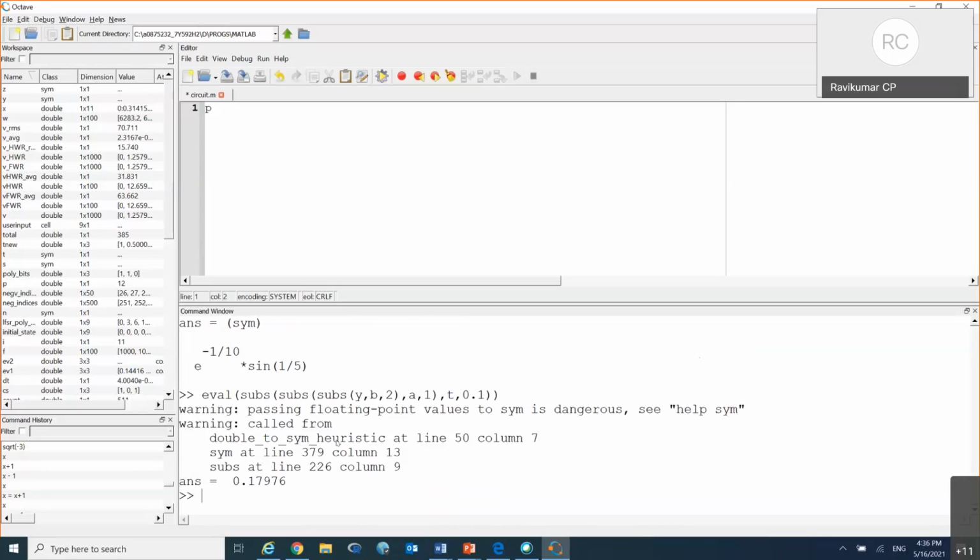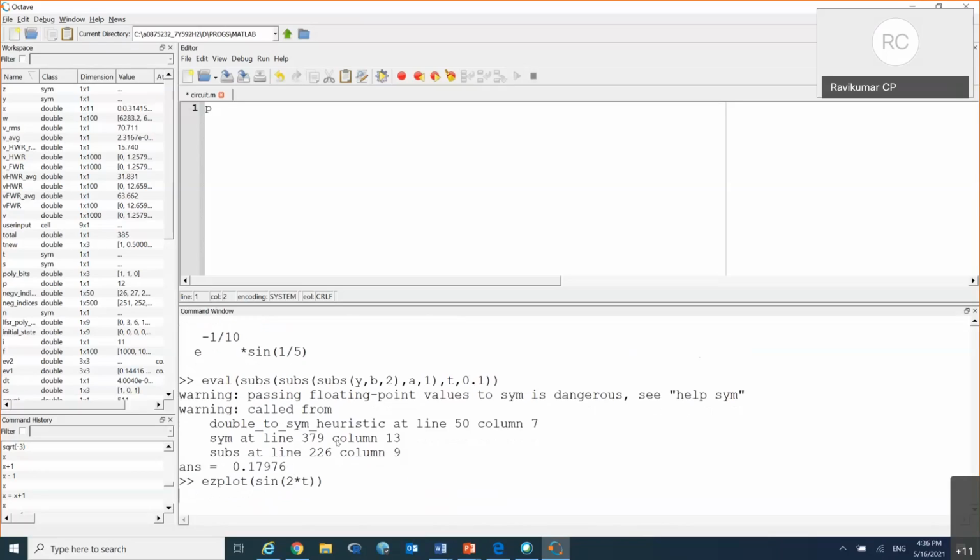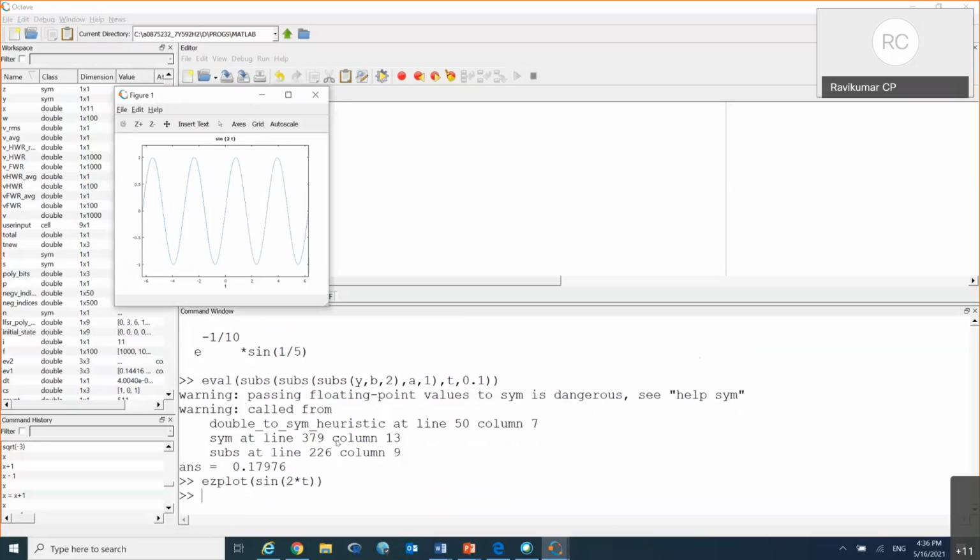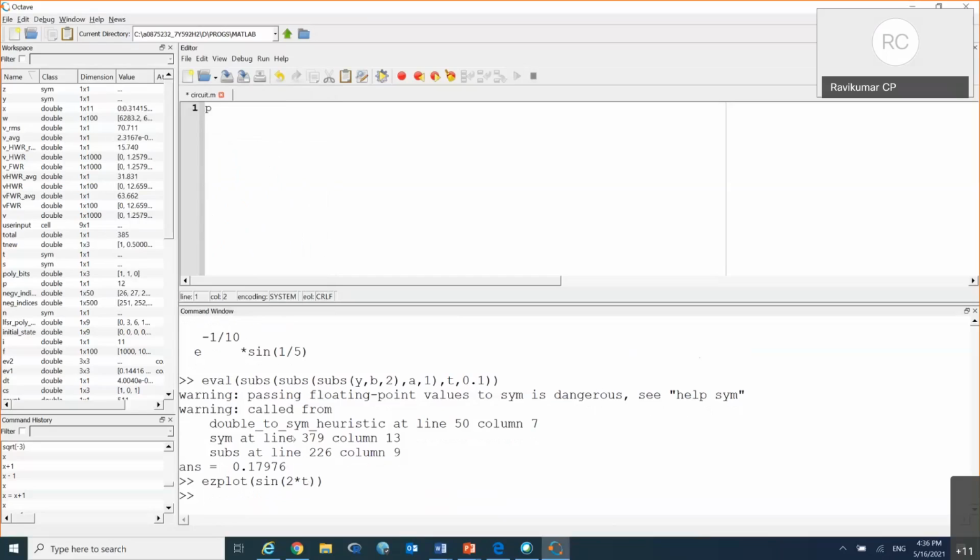There is a function called easy plot, but it is not so reliable. So let us try plotting sine of 2t. This one works. It is able to plot sine 2t, etc. Let us plot e.